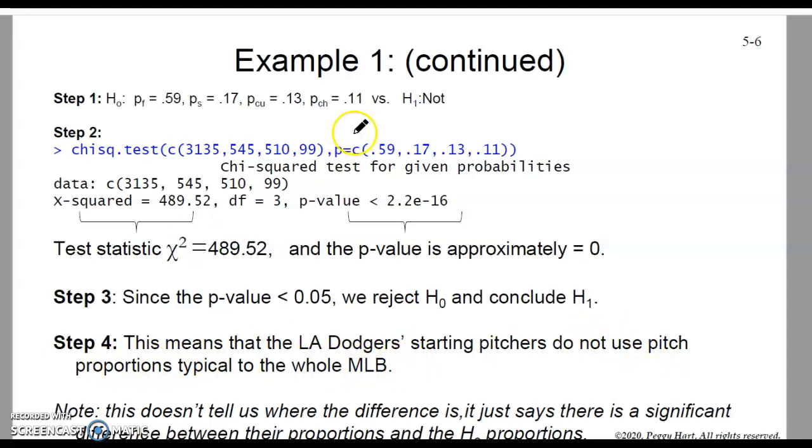So they're a little different. Remember, we reject H0, we conclude not. These proportions are different for the LA Dodgers. Notice it doesn't tell us where the difference is. It just says there is a difference between their proportions and the proportions for the larger group.